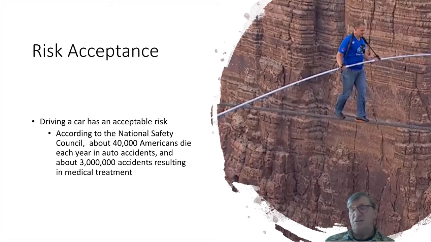So we see that as an acceptable risk. It's like around here, if you have a nice snowy, icy day, you look outside and say, I don't think I'm going to go anywhere today. That's you doing a risk analysis, saying the risk is too high for the reward.